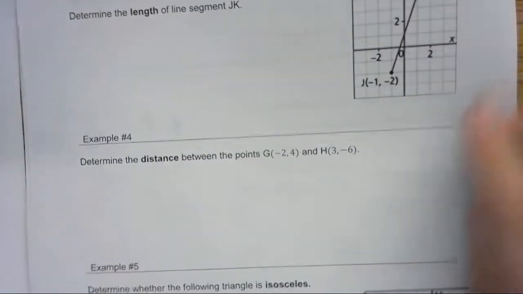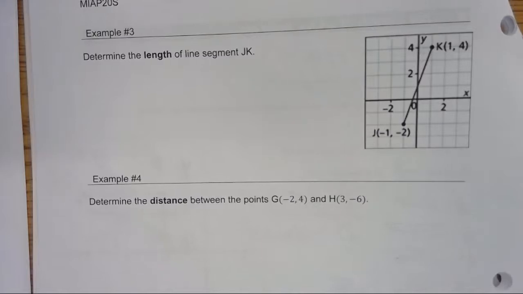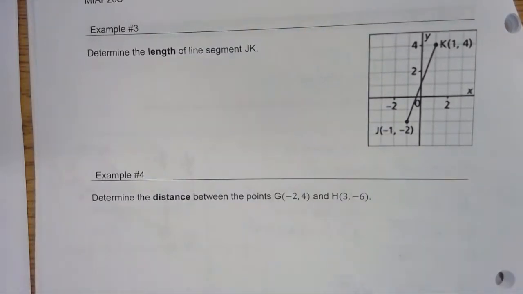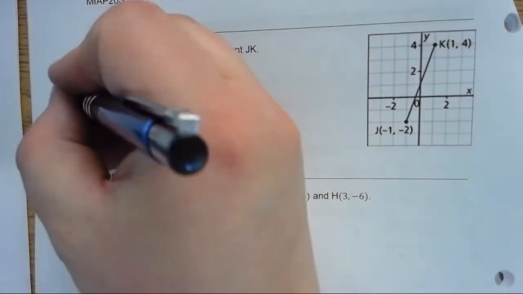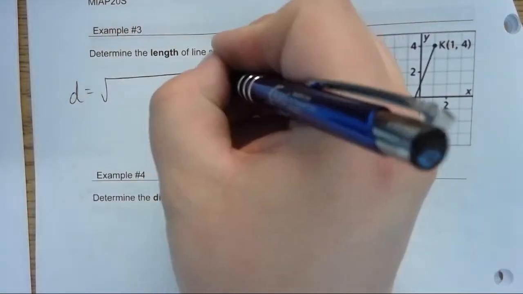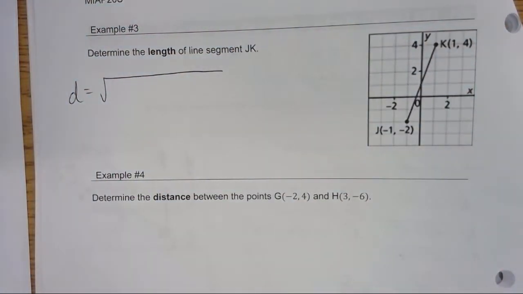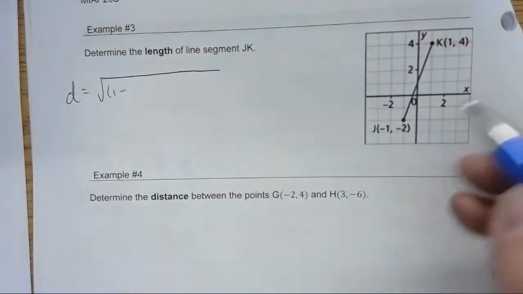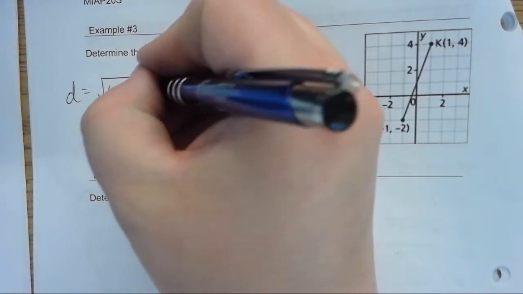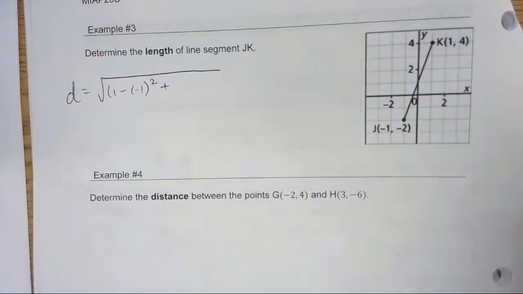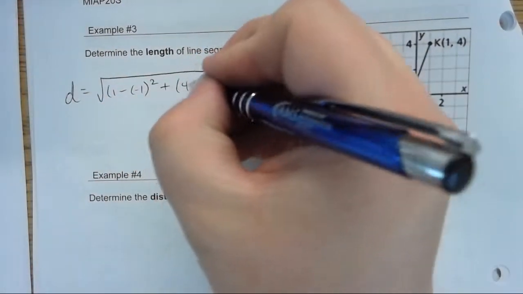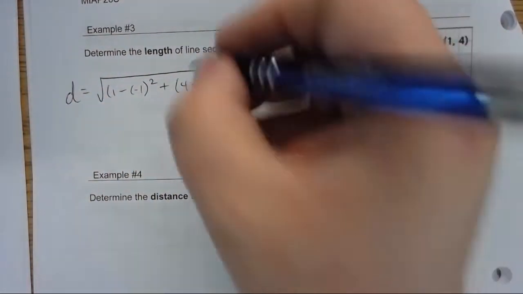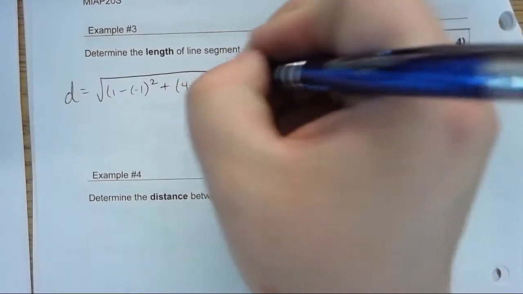So for the next example, ignore the picture completely. In fact, the fourth example, they don't even give you a picture. Let's just run the formula. Distance is the square root of, okay, let's see, x2, so I'll call that 1, minus negative 1 squared, and then y2, which is 4, minus negative 2 squared.